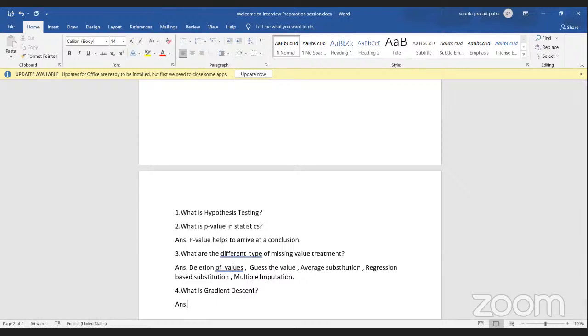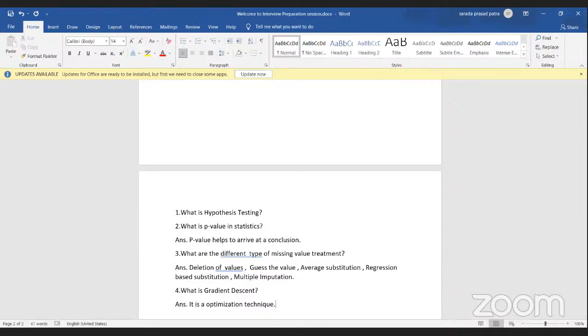It is just an optimization technique. When building a statistical model, the objective is to reduce the value of the cost function that is associated with the model.